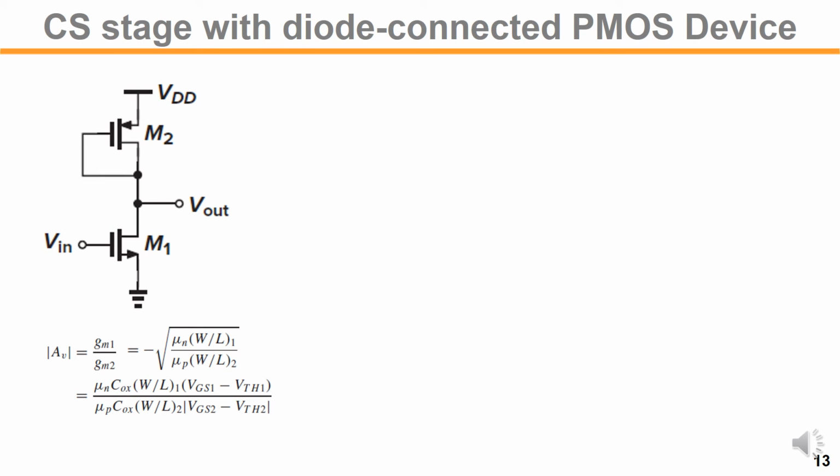In this example, the diode load is implemented with a PMOS transistor, so the gain is minus gm1 times 1 over gm2. But the PMOS device has a different mobility than the NMOS device, so we have a mobility ratio in this gain equation in addition to the size ratio.